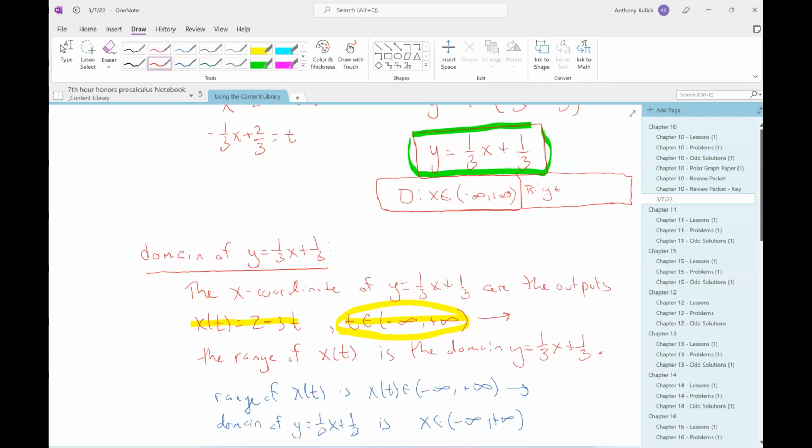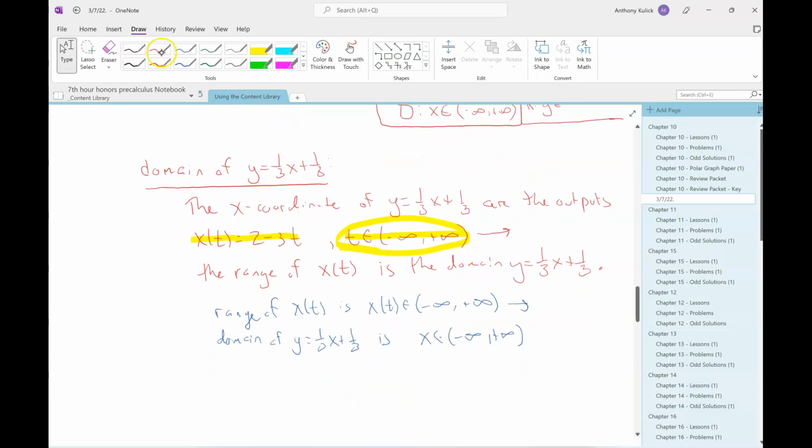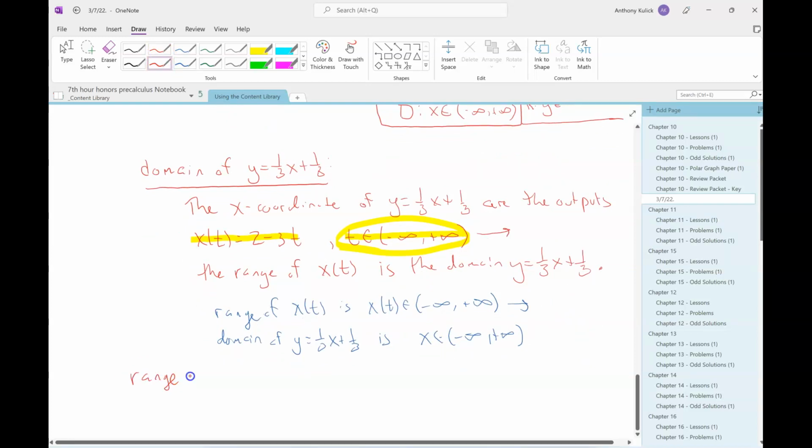No, it's not common. We'll take a variation of this problem in just a second and show you specifically how different things can get. Okay. Let's talk about the range now.